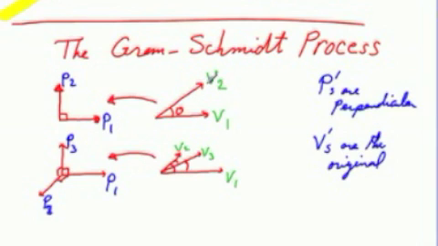Rather, we want to be relevant to what we are starting with. So span of P1 has to be same as the span of V1. Span of P1 and P2 has to be same as the span of V1 and V2. Span of P1, P2, P3 has to be same as the span of V1, V2, V3. So both of them are describing the same space. It's just that one set is nicer looking than the other set.